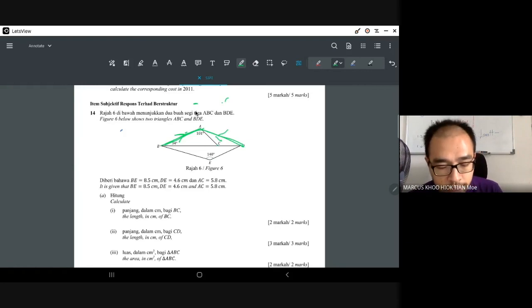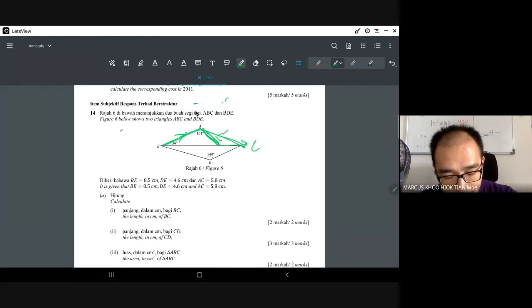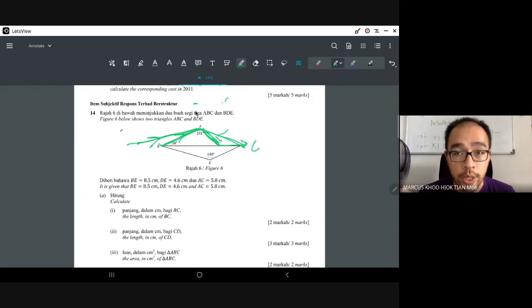Takkanlah we want to move the C all the way over here, because it will change the value of the AC also. Okay, and it won't make sense lah. Okay, for this one. And we definitely cannot push this AB to this side. Okay, we can't push this AB to this side because again same direction, both is going to the right and to the up. So it's not going to be an isosceles triangle.